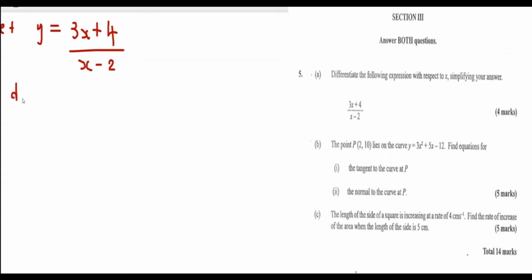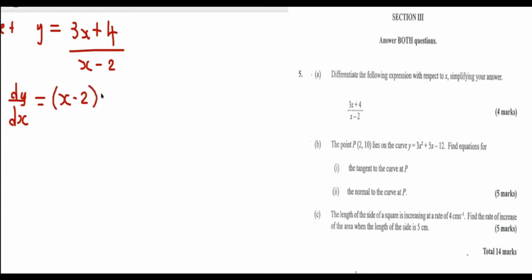use the quotient rule. So dy by dx is, the quotient rule tells us that the first thing is you start with the bottom, so it's going to be x minus 2, times the differential of the top.